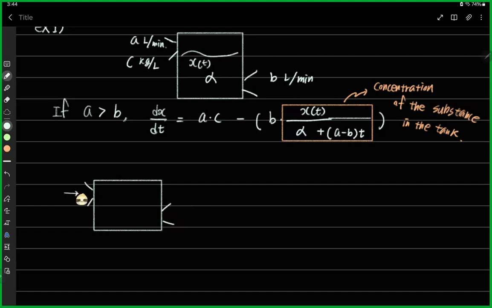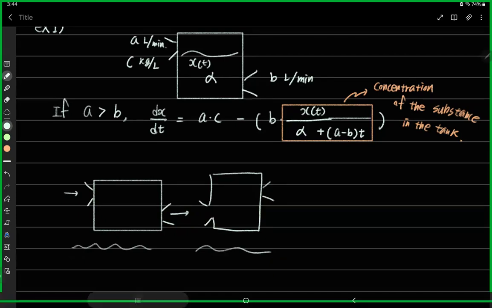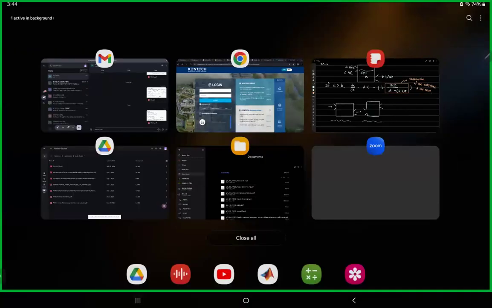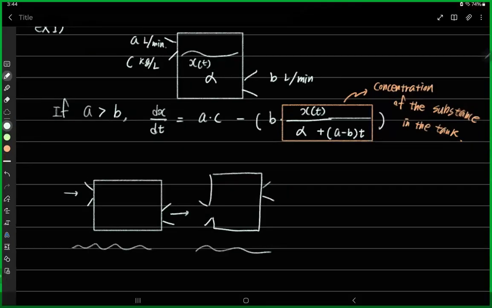Something comes in, comes out, and then that goes into another system and comes out. So with two coupled systems, we get two differential equations, that's a system of differential equations. We'll learn this in chapter 5, but anyway, that's the chemical mixing problem, a simple example of a compartment system.